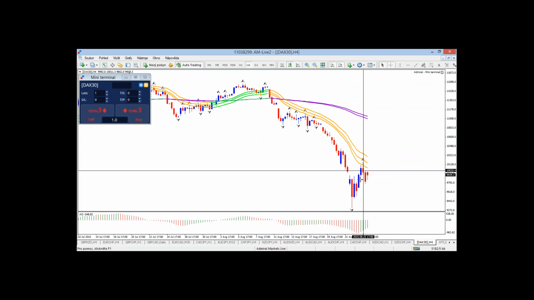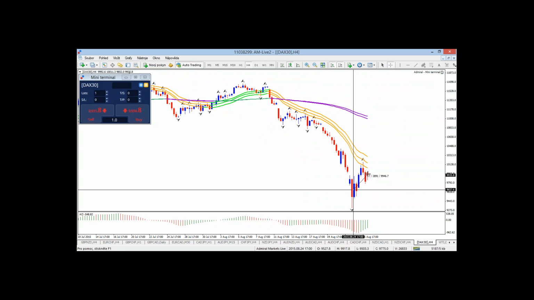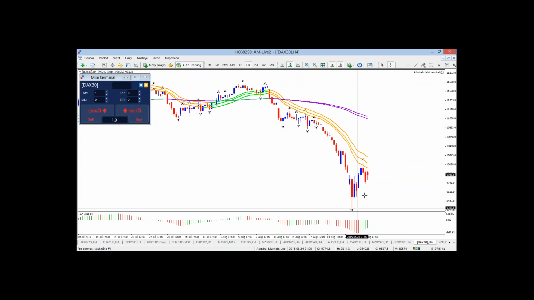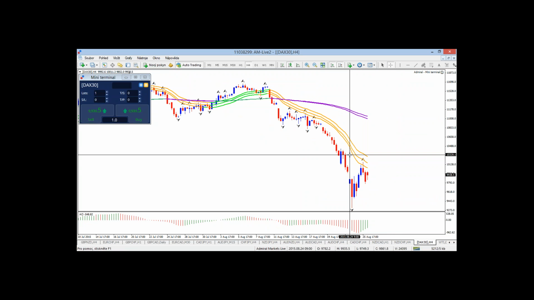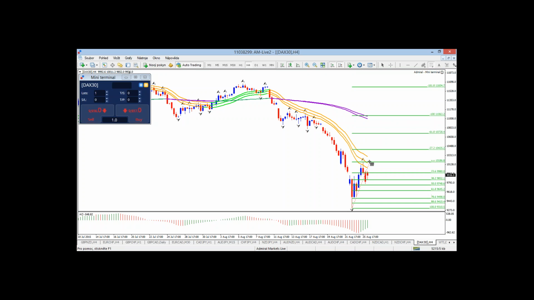4-hour chart is in candle number 7. So if this candle doesn't break the bottom, I think we could see a bigger correction and might get a bigger rally here. Let's see, perhaps up to the minus 272 target.